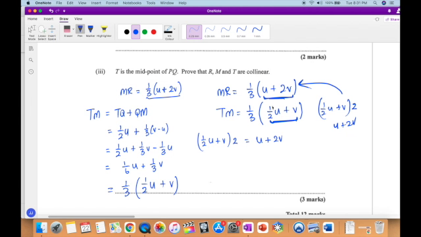So this implies that MR and TM are scalar multiples, and therefore R, M, and T are collinear.